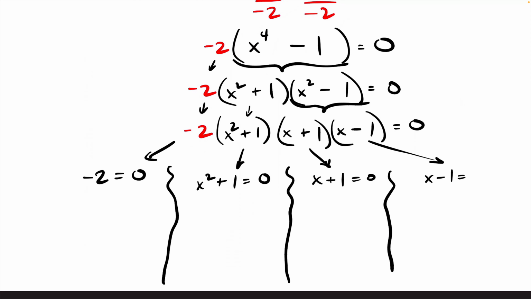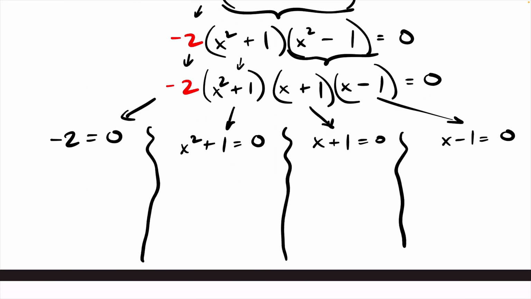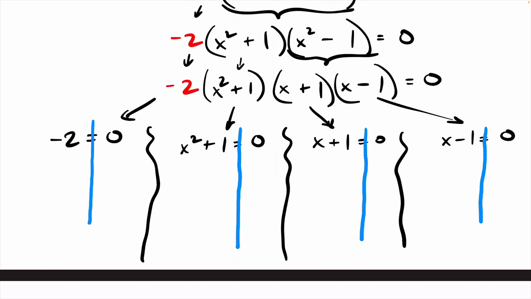X minus 1 equals 0. All right, so negative 2 equals 0.